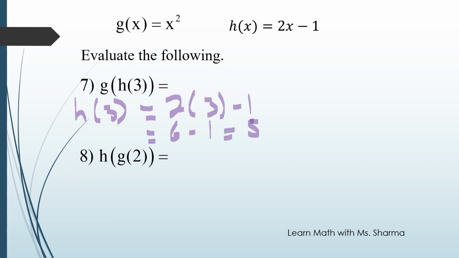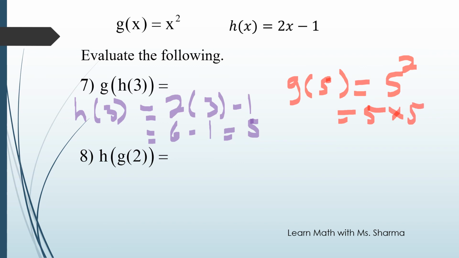Now h of 3 is 5, so we plug it in g. So we find g of 5, which is 5 squared, which is 5 times 5, which is 25. So this is 25 here.